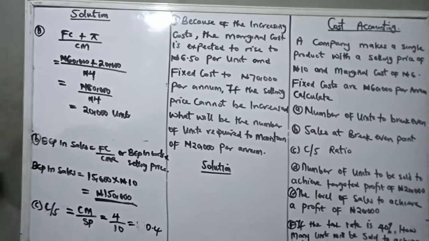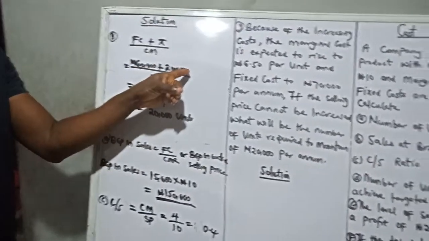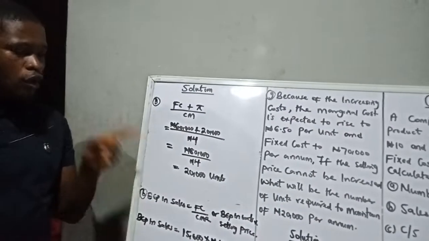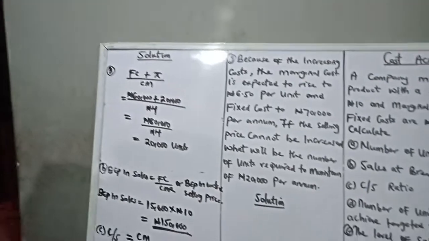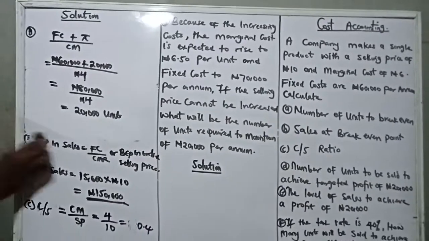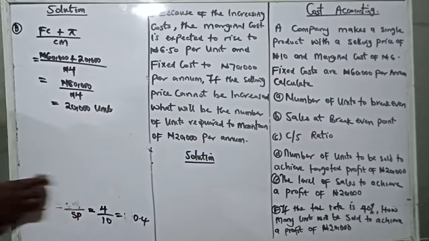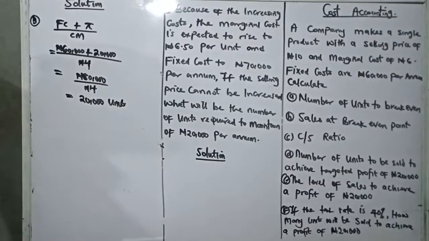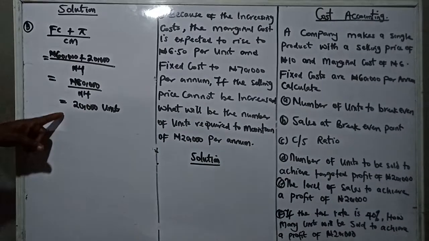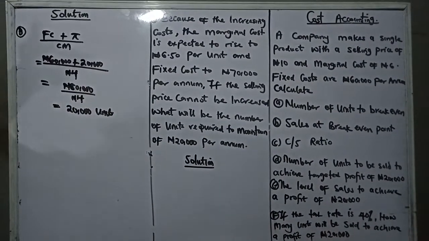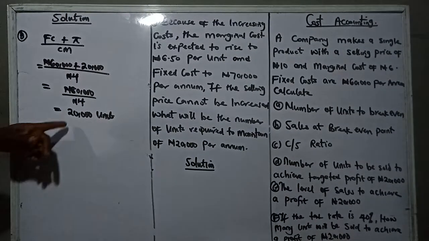So for them to achieve this 20,000 naira target, they must produce 20,000 units. That is all. Very simple. So that is what targeted profit is all about. You can see that it's greater than the break-even point we did of 15,000 units.